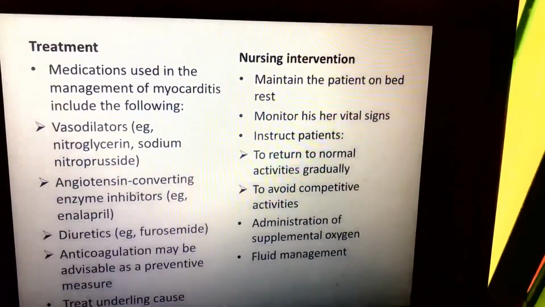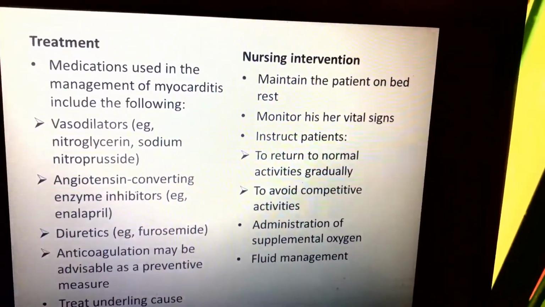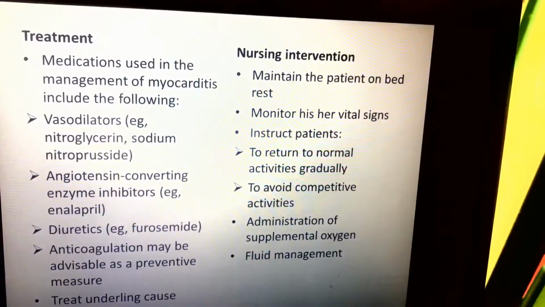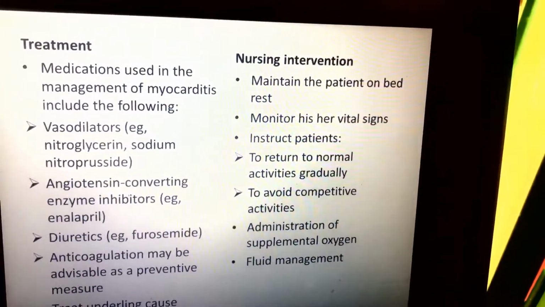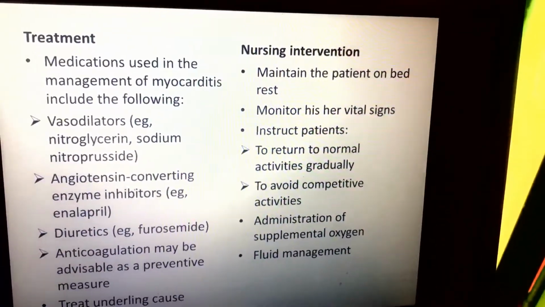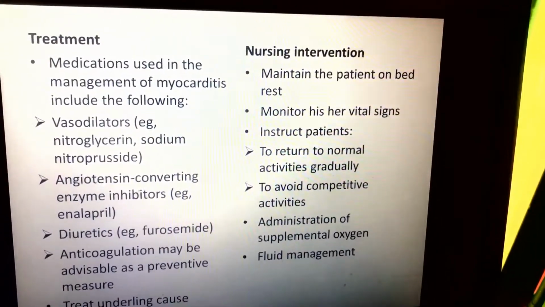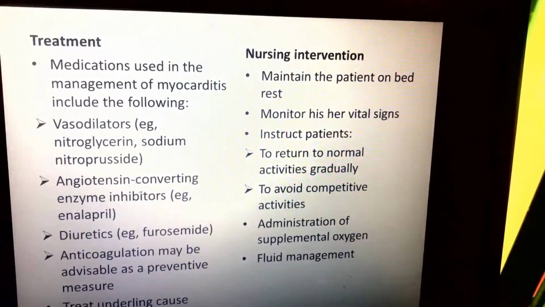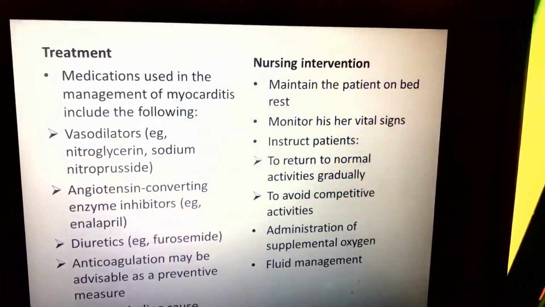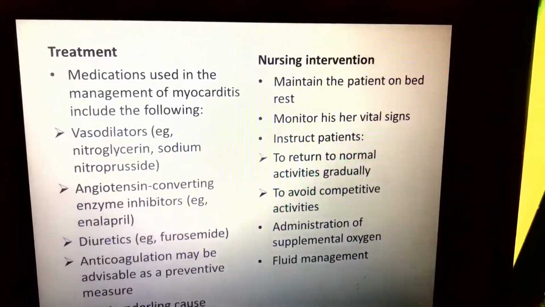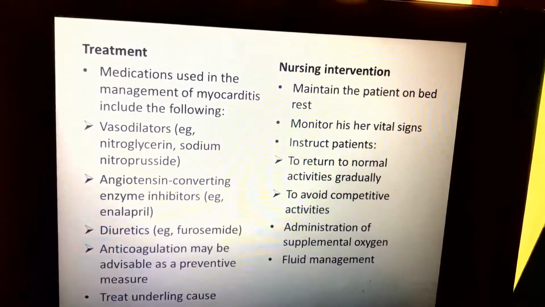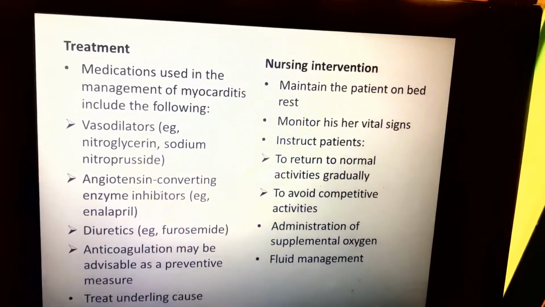Instruct also to avoid competitive activities. Now, administration of supplemental oxygen if necessary, and you have to monitor fluid management. Because this client may have fluid retention, we have to manage the fluid intake very well.